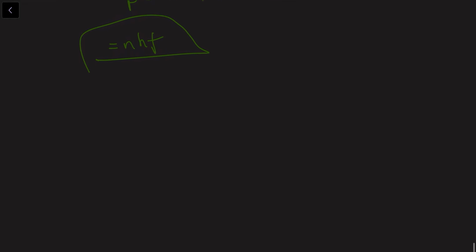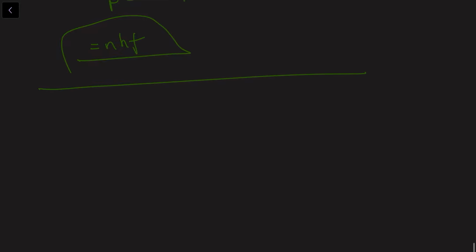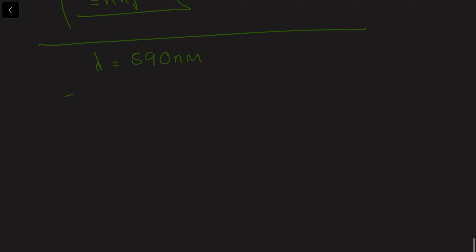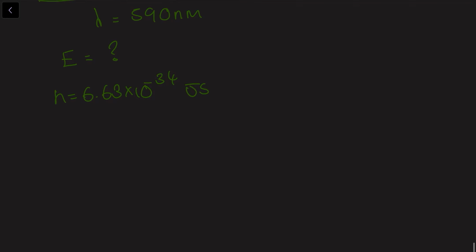We can do a worked example for the photon energy here. We can say that it has a wavelength equals 590 nanometers, and we want to find the energy. Okay, we know that h equals 6.63 times 10 to the minus 34 joule seconds.